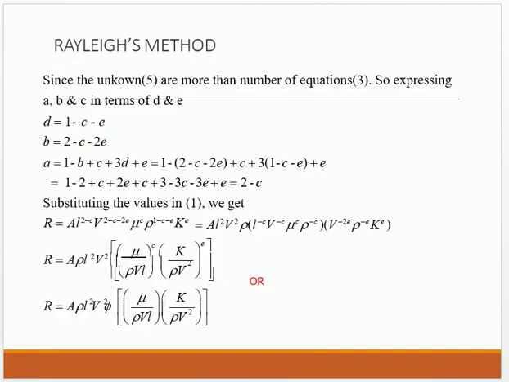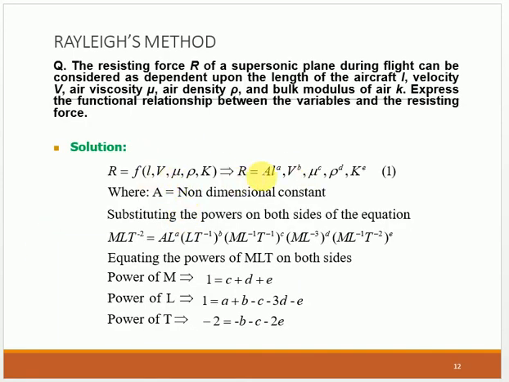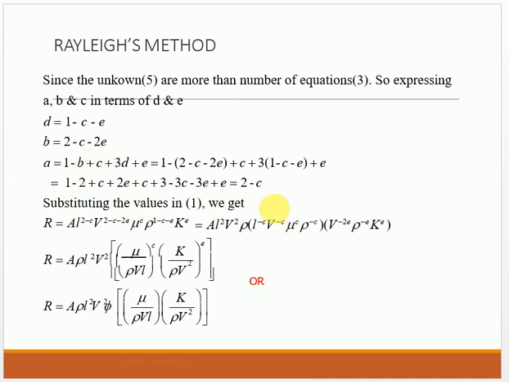Right. So now A is known, B is known, D is known, so for C and E we're going to substitute directly, because we don't have values for C and E. So R will be equal to A into L power a, and we know the value of a is 2 minus C. So A into L power 2 minus C, V power b, where b equals 2 minus C minus 2E, so V power 2 minus C minus 2E.